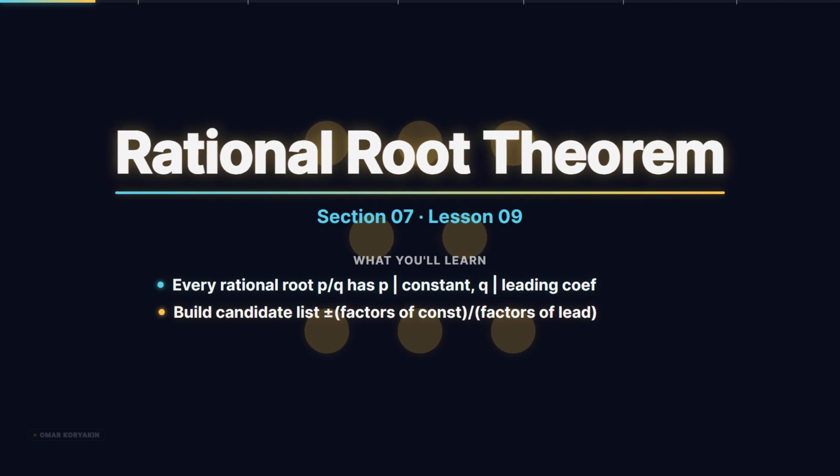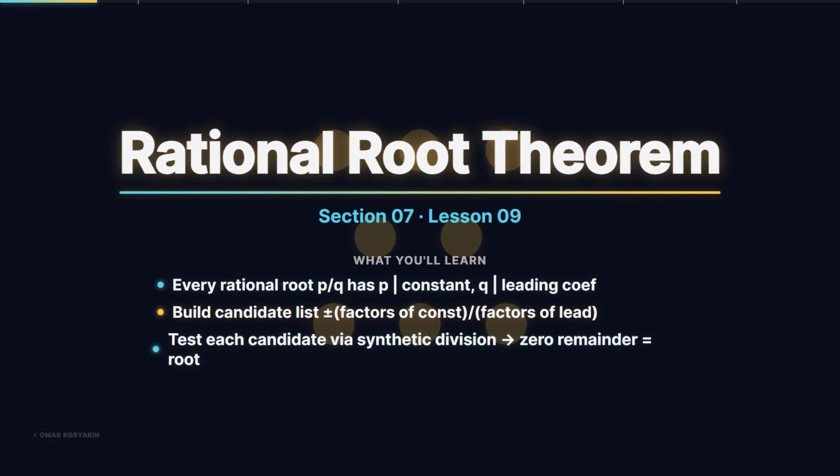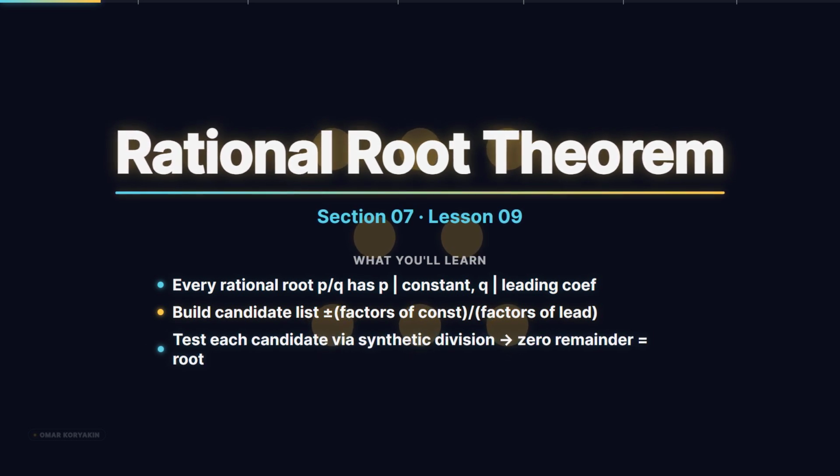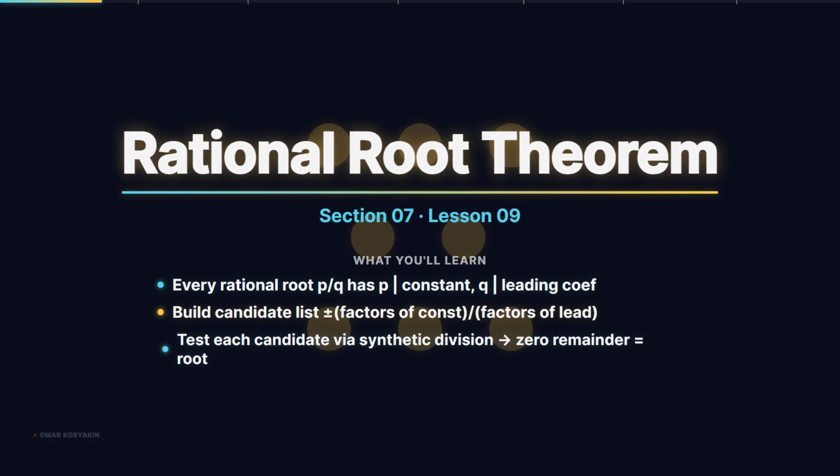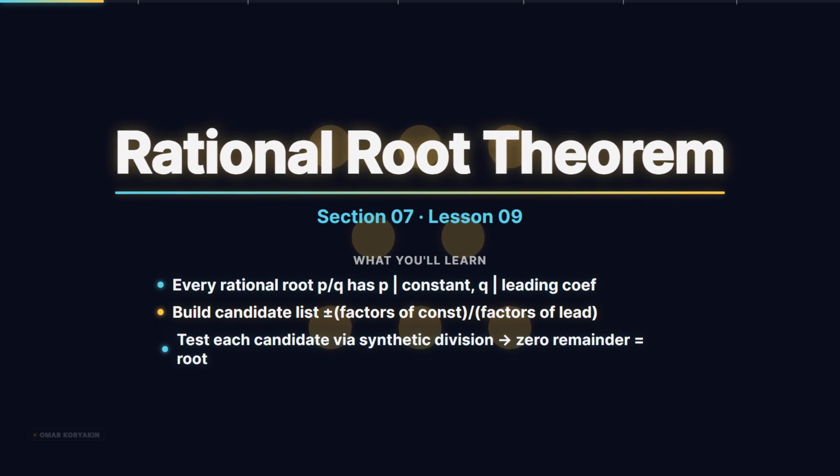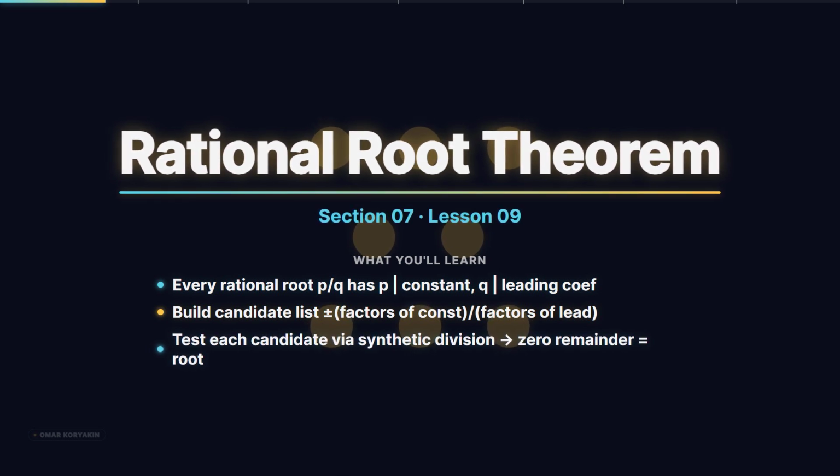Duplicates are removed. For example, if both leading and constant are 6, the candidate list will have repeats like 1 over 1 and 3 over 3 that simplify to the same number. The final candidate list is finite, and every rational root must appear in it.